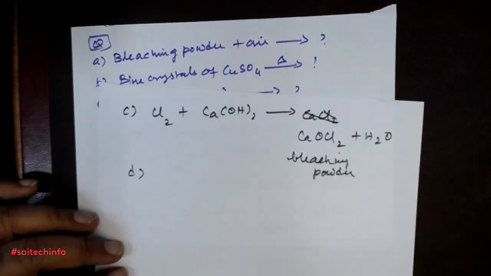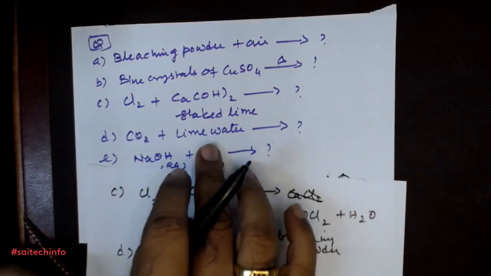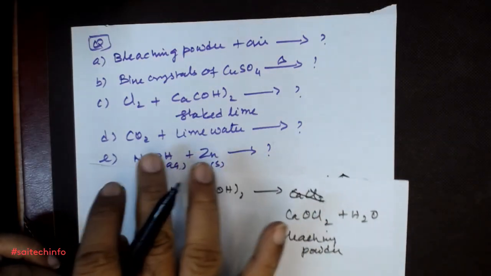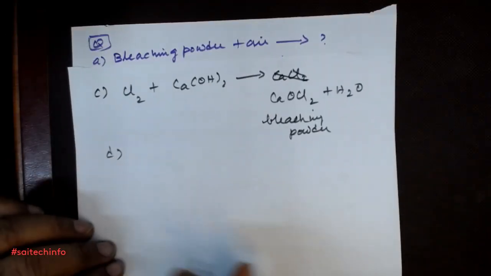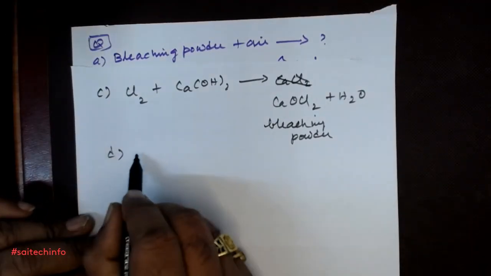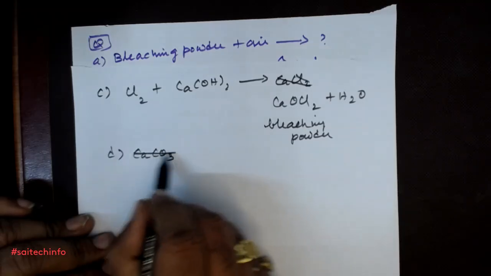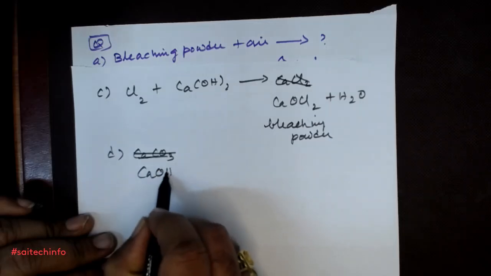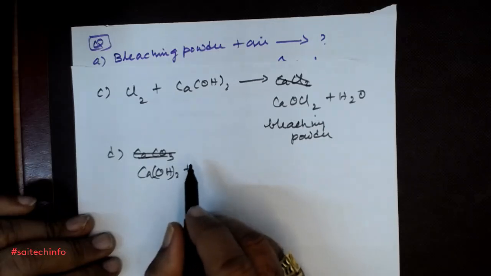D. Lime water, means calcium hydroxide, reacts with carbon dioxide to form calcium carbonate. That is, lime water turns milky.